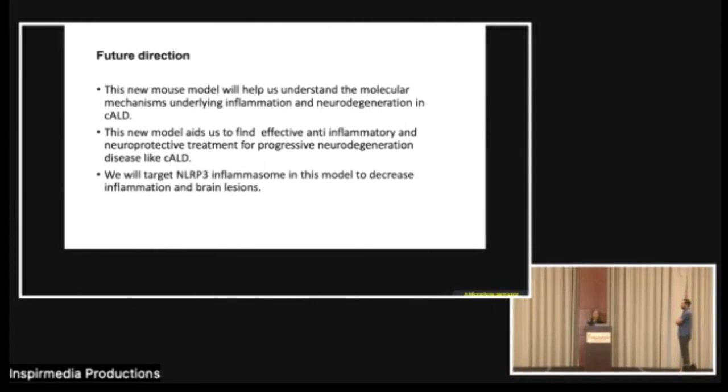It is not only for cerebral ALD, it may help for other severe neuroinflammatory diseases. And we have a plan to target innate immunity in these mice to see if we can decrease the lesion, decrease the inflammation, and decrease the demyelination in these patients.